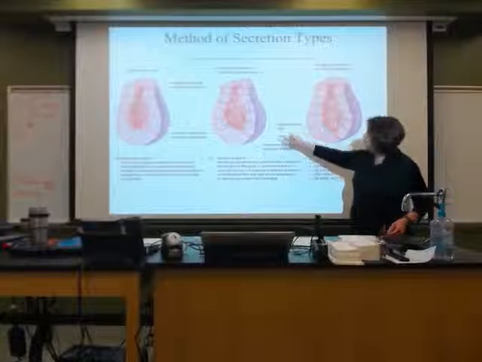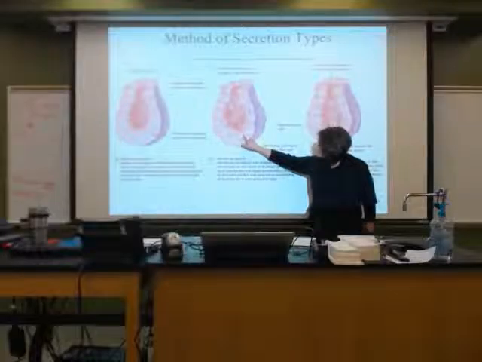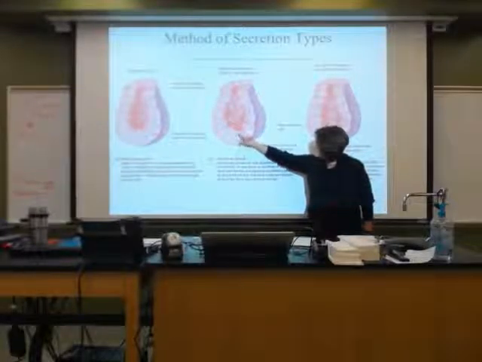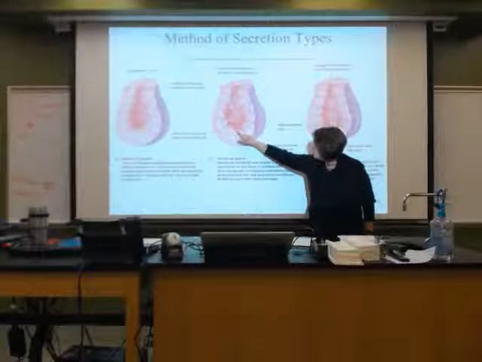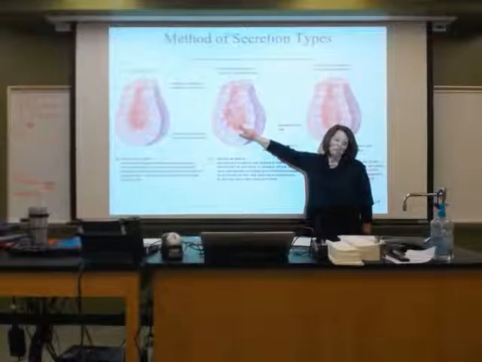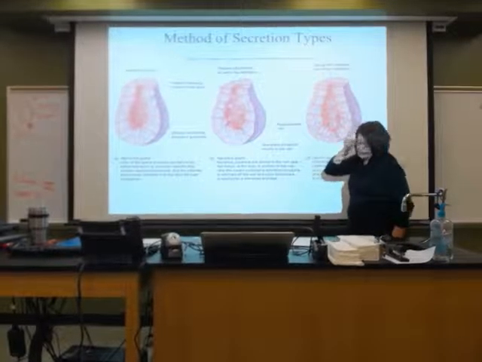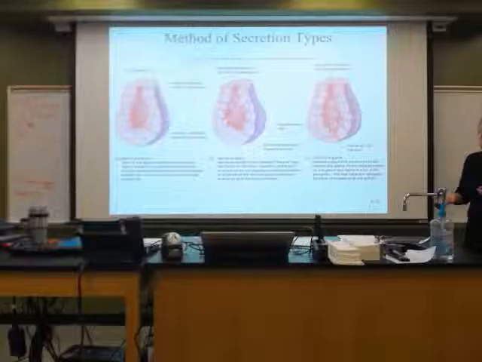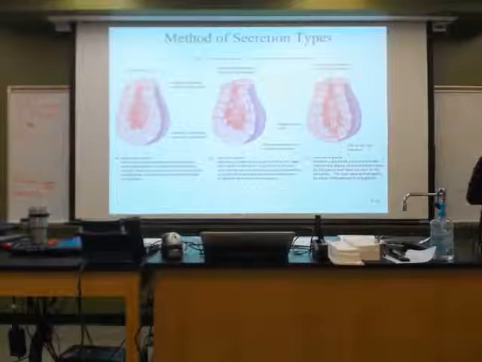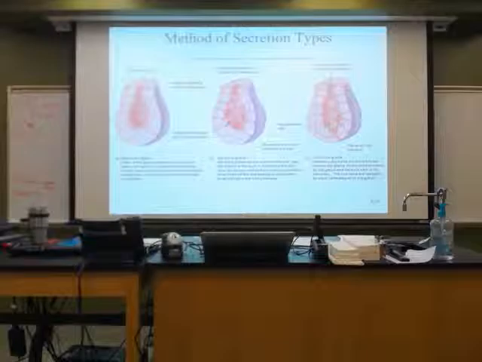So not only are we getting the production of the product, as the vesicle fuses with the plasma membrane, pieces of it are carried out with the product. This one happens in the mammary glands. This would be the production of the breast milk. That's how that's going to get produced.